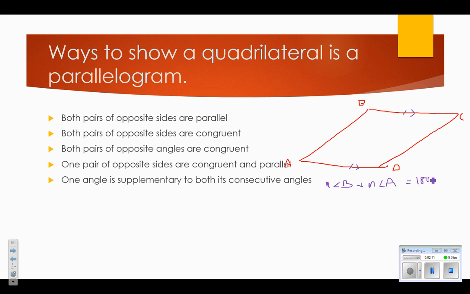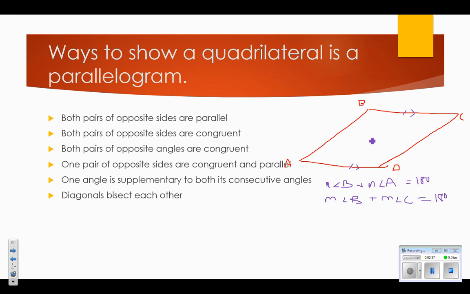However, if I was able to say that the measure of angle B plus the measure of angle C also equaled 180 degrees, then that would be sufficient to prove that that is a parallelogram. So you got to have both pairs. Or we could have said, instead of angle B and angle C were supplementary, angle A and angle D were supplementary.